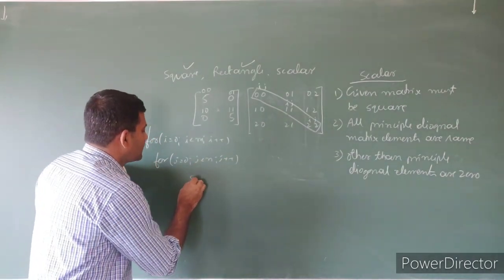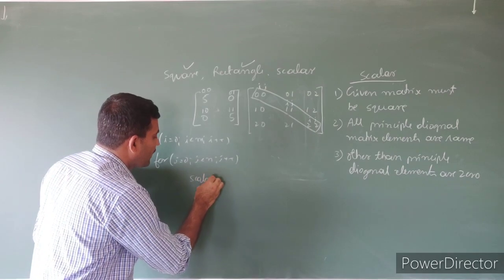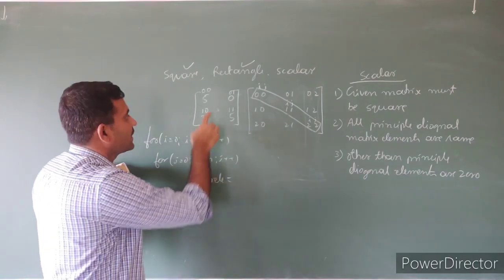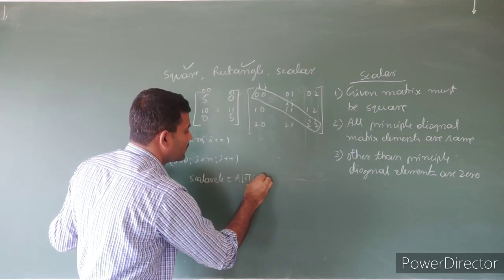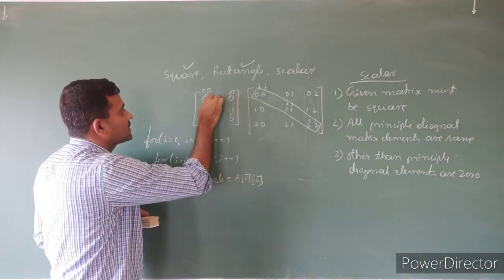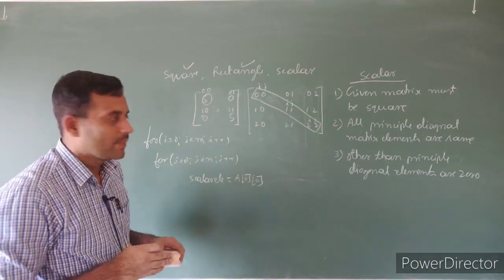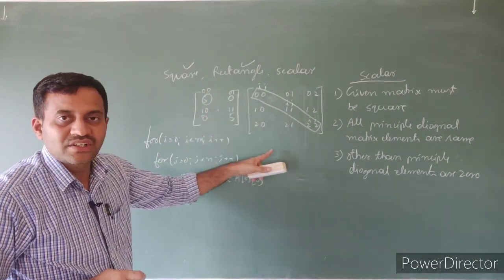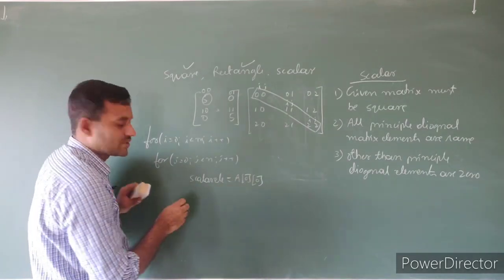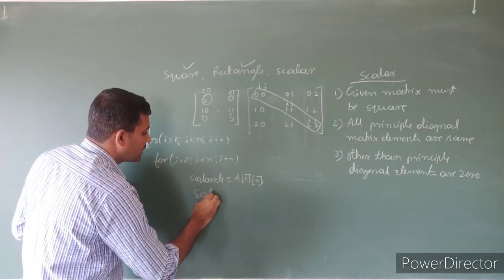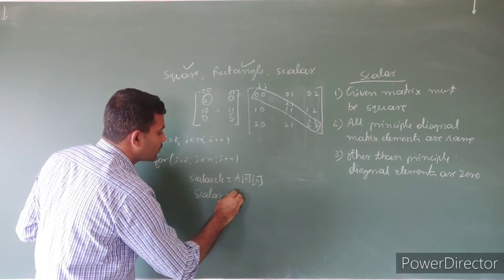Then we assume a scalar element. The scalar element is the first element, that is a of 0, 0. The first element is called the scalar element. Then the second is also same, then the third one is also same, like this. So scalar element is equal to a of 0, 0. Then we assume that scalar is equal to 1.